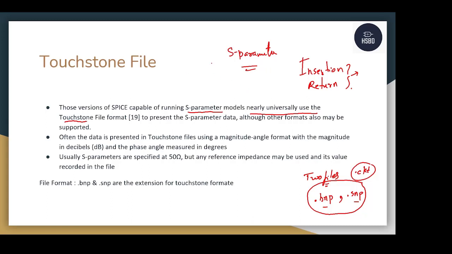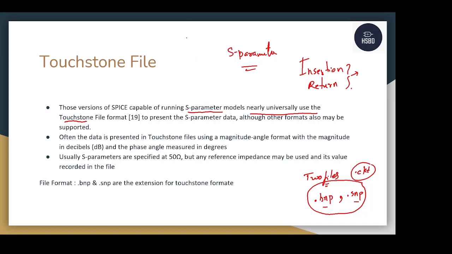So what is the content of a touchstone file? In the case of a touchstone file, all the details about each and every part of the frequency versus impedance graph are shown. Let me explain in a better way.